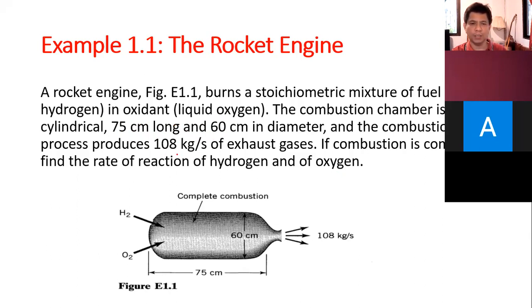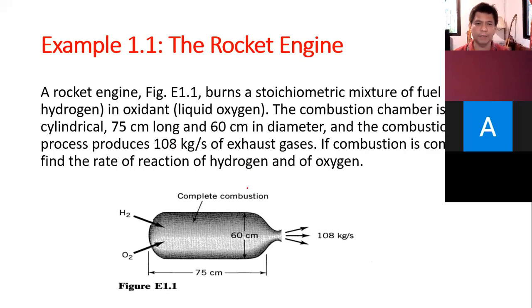Tapos itong 108 kg per second, water to. You have your 108 kg of water. So kailangan niyo siyang i-convert sa kilogram mole, tapos convert niyo sa mole, times 1,000. Tapos you need the balanced reaction para makalculate niyo yung rate ng production ng hydrogen. Yung needed hydrogen at saka yung needed oxygen. Imagine niyo ba?